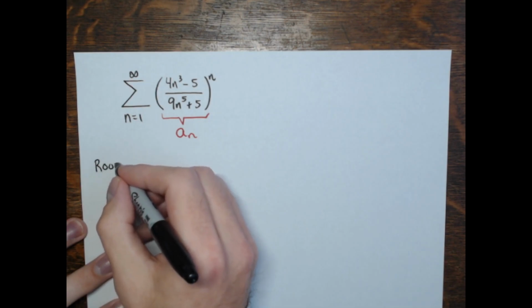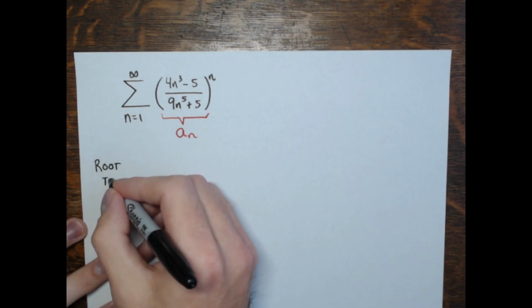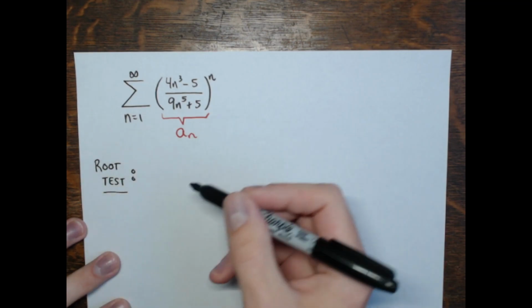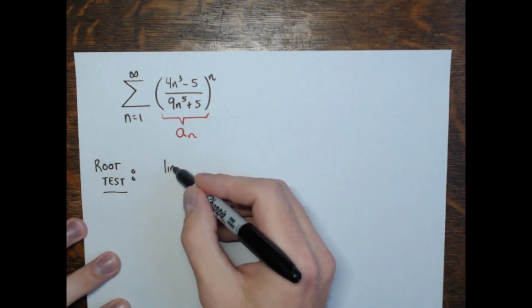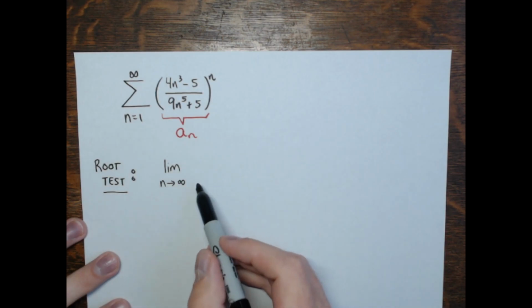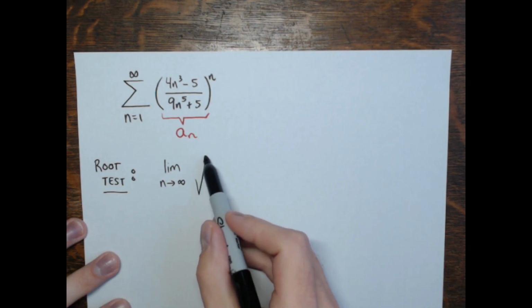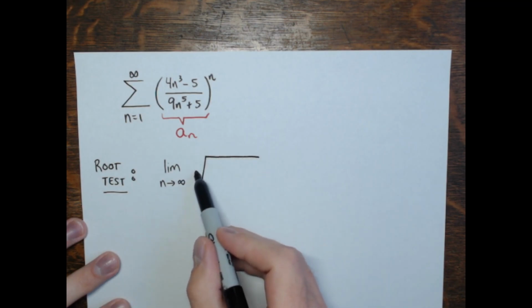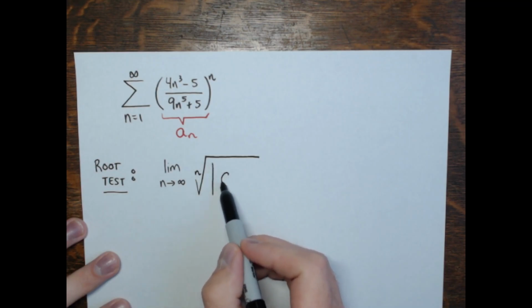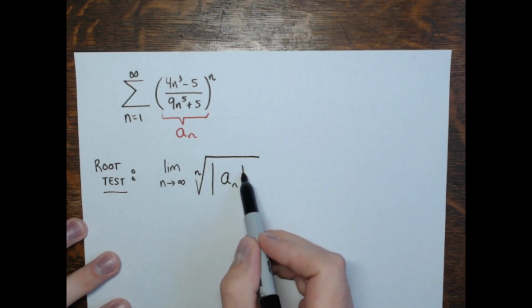Now, they told me to use the root test, so it's pretty easy. They told me what to do. So let's do it. Take this limit: again, we're taking the limit as n approaches infinity of the nth root of the absolute value of our terms.